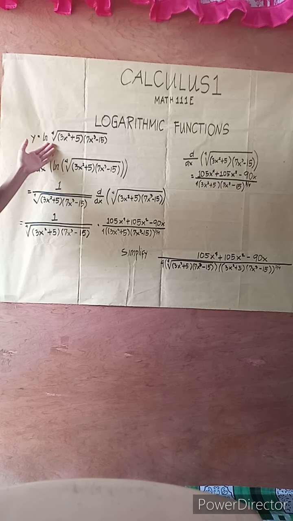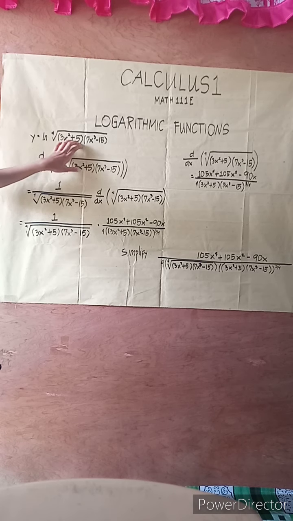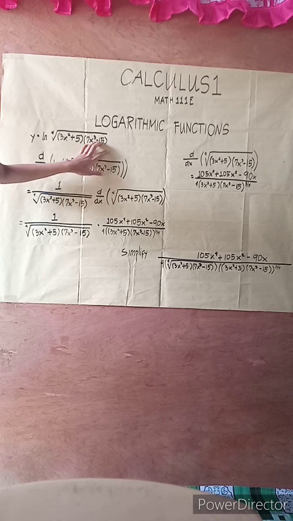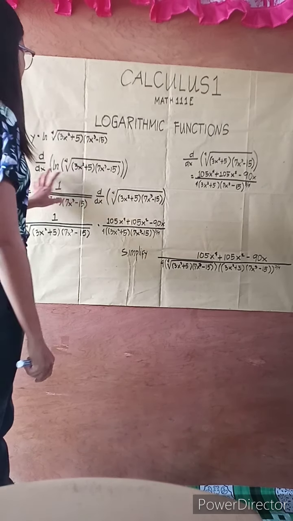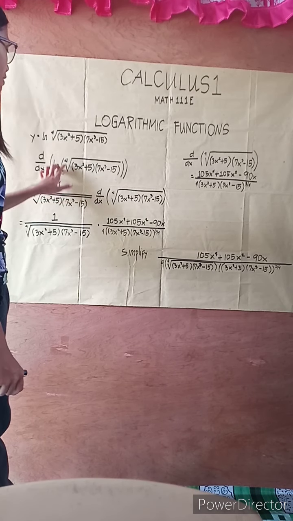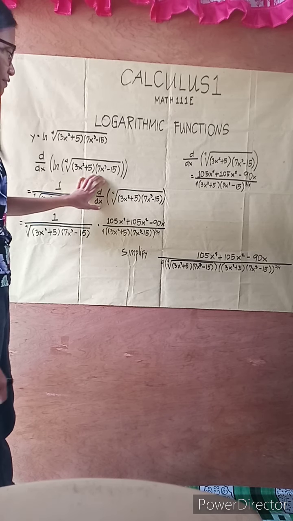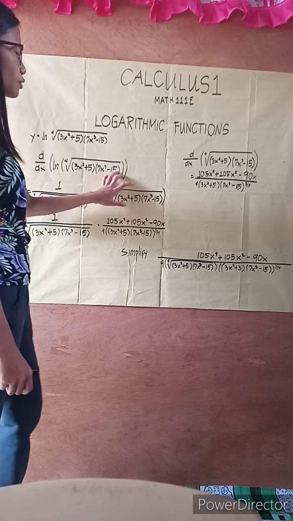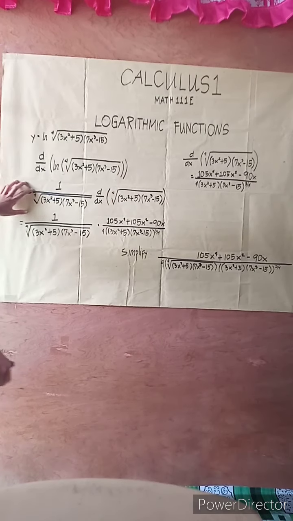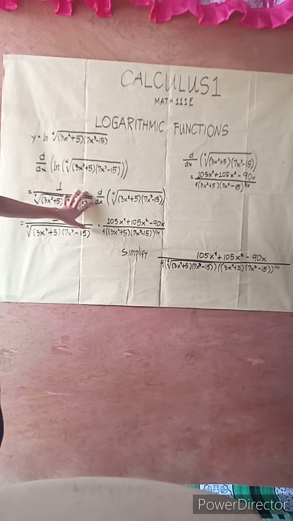Y is equal to ln of the fourth root of (3x squared plus 5)(7x cubed minus 15). So for the derivative of ln of the fourth root of (3x squared plus 5)(7x cubed minus 15), we have to apply the chain rule.